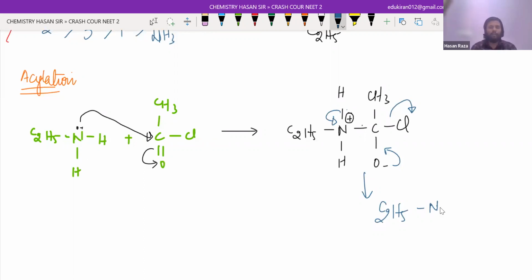Nitrogen will give up hydrogen to stabilize itself or to make itself neutral, and it will be like this: C double bond O CH3. So this has a name, ethanamine, which converted into N-ethyl ethanamide.